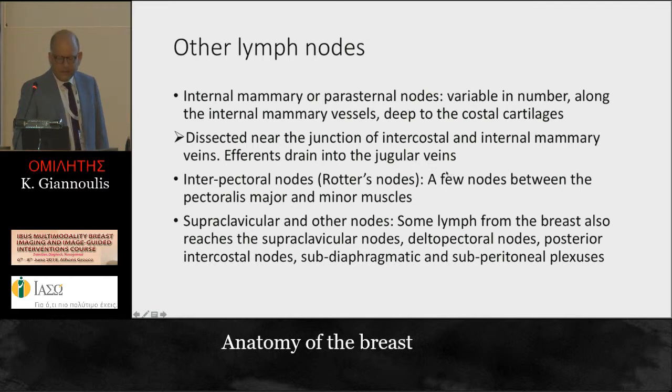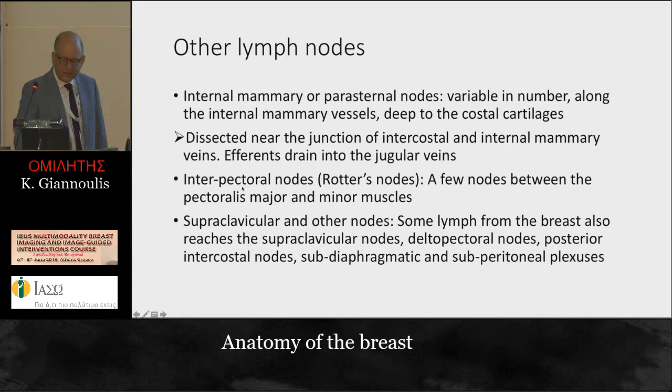The internal mammary or parasternal nodes are variable in number, and they're situated along the internal mammary artery and vein. They can be dissected near the junction of the intercostal and internal mammary veins, and their efferents drain into the jugular veins.